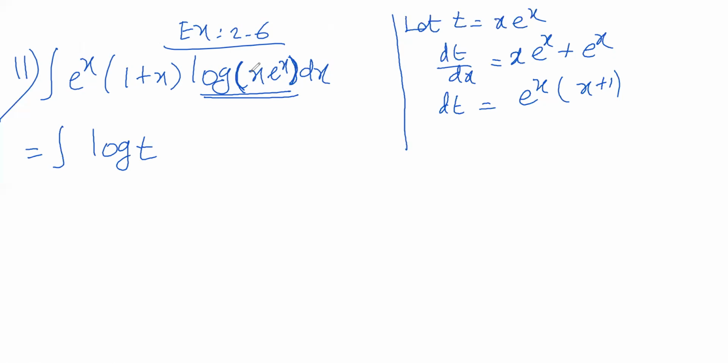Now coming to the next one, e power x into 1 plus x into dx. Cross multiplying, dx will come here. Now e power x into 1 plus x into dx, this everything will be dt. dt is equal to e power x into x plus 1 into dx.